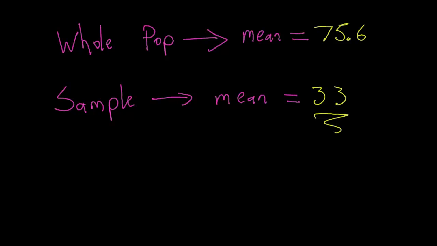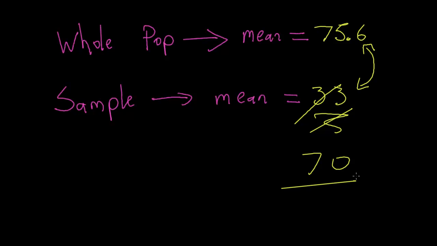Okay, it's not big enough because it doesn't represent. See how this one doesn't reflect the population mean. 76.5 is nowhere near 33. However, if this was, say, 70, I'd say, yep, you're pretty cool, because that's pretty close. Your sample mean is reflecting your population mean.